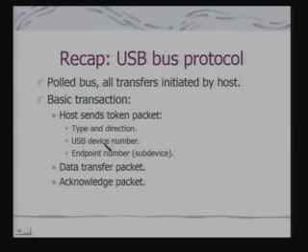It also has the USB device number indicating the device for which the token is targeted, and also the endpoint number, which is a sub device, because USB devices can even be compound devices which may correspond to more than one device. Also there are data transfer packets which flow on the bus as well as acknowledge packets.